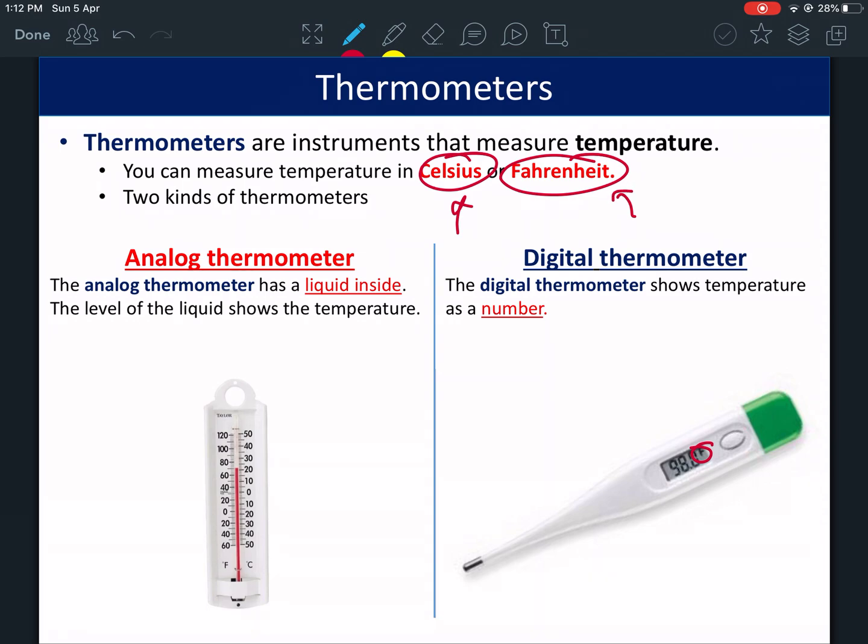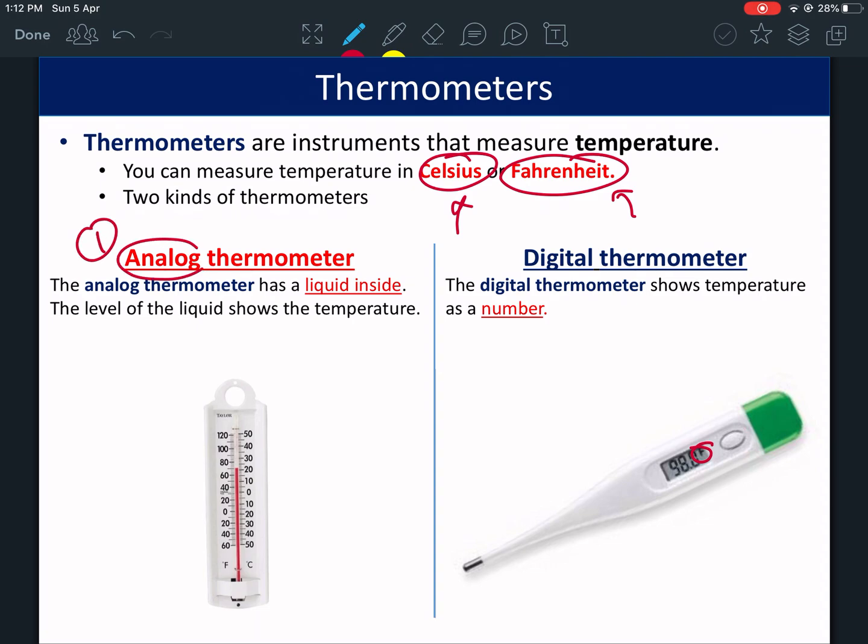It's just a different representation of temperature, but it's the same. One is written in Celsius and the other in Fahrenheit, and the numbers differ because the calculations differ. Anyway, you don't have to worry about that. All you have to know is we have two kinds of thermometer.